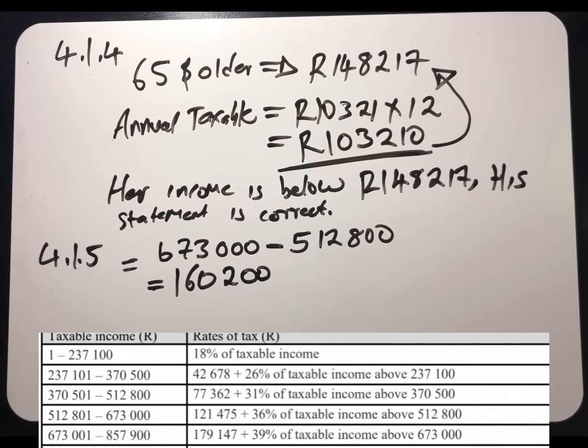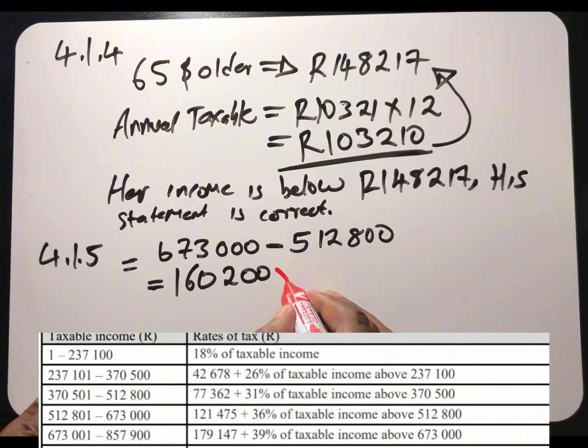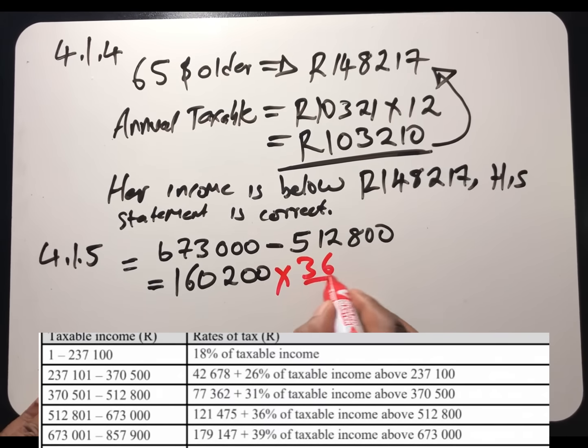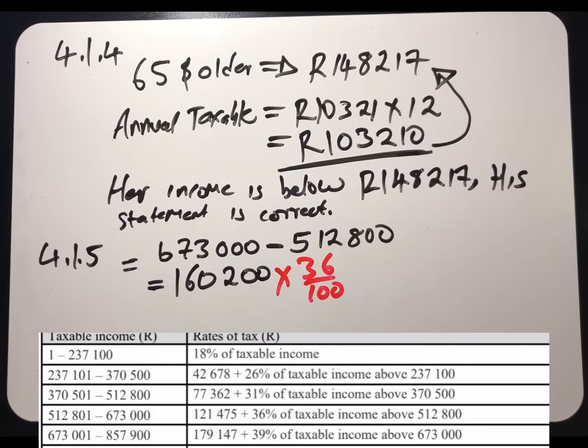Then the answer that you got, you multiply it by 36%. We say 36 over 100 multiplied by 160,200 rands.